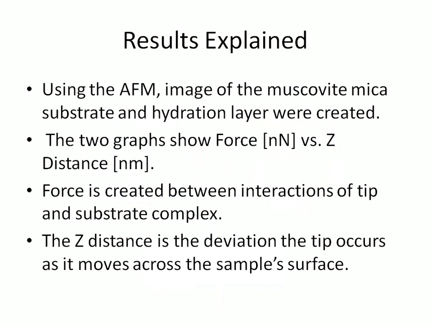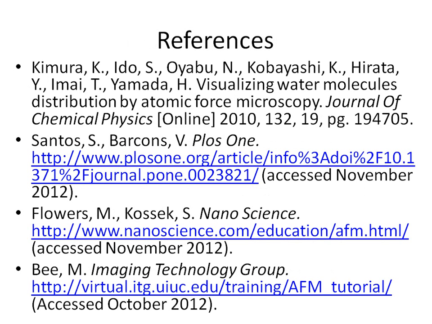Using the AFM, the image of the muscovite mica substrate and hydration layer were created, as we just saw in that picture. The two graphs showed the force versus the distance. The force is created between interactions of the tip and substrate complex, and the distance is a deviation the tip undergoes based on the topography of the sample, like we talked about.